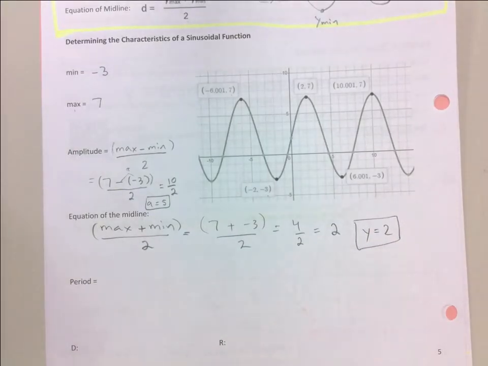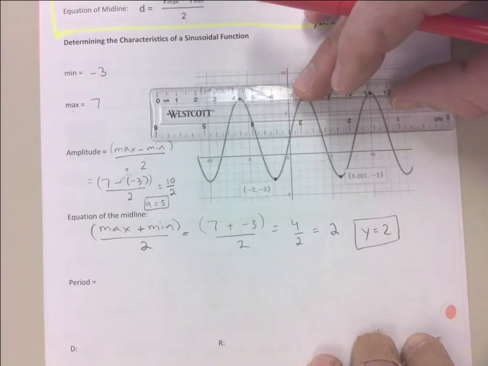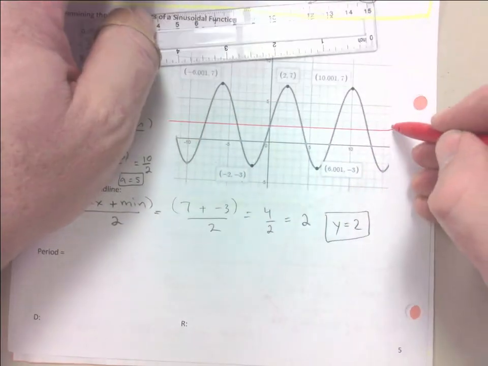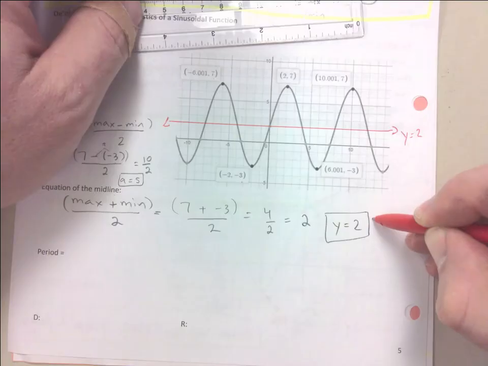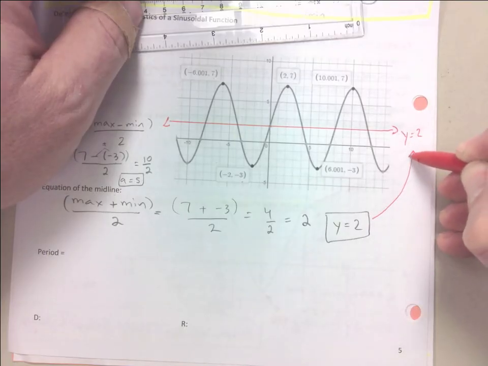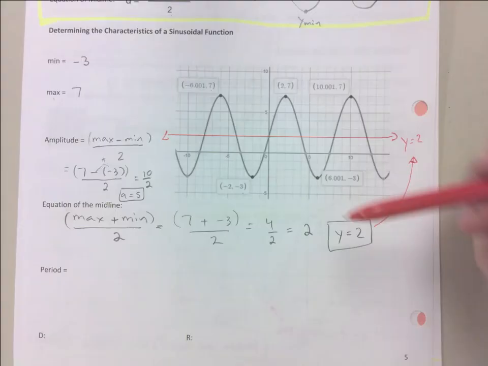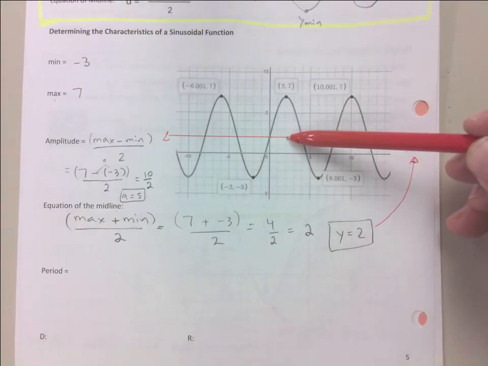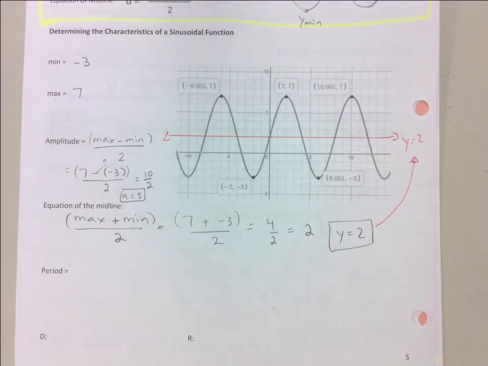So what you just found is, if you go to y = 2, that is your midline. I will make an arrow from the math we just did to it, so you know we didn't know that right from the get-go. And it should split it in half. So you count 1, 2, 3, 4, 5 to the bottom, or 1, 2, 3, 4, 5 to the top, so you know you're doing it right.